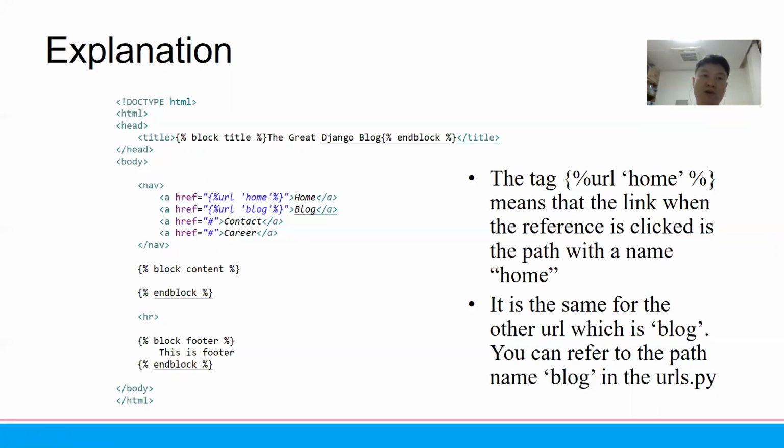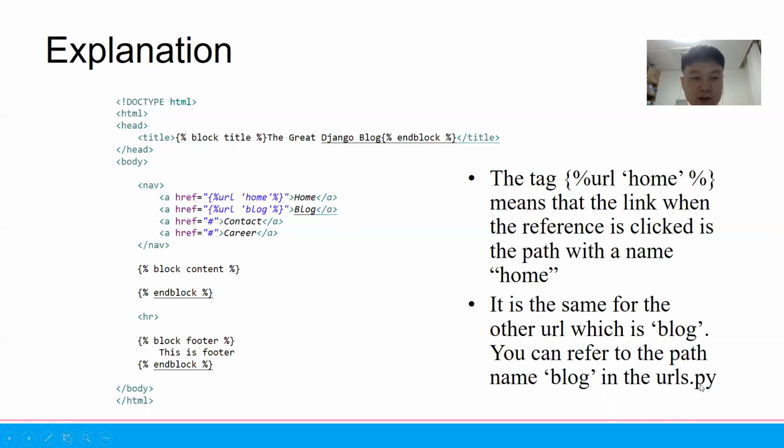It should be connected to the Python file, to the function that you create in the Python. So here I want to access the home, and then the blog. Where is this? You will get the home and blog, and you need to check it in the urls.py.